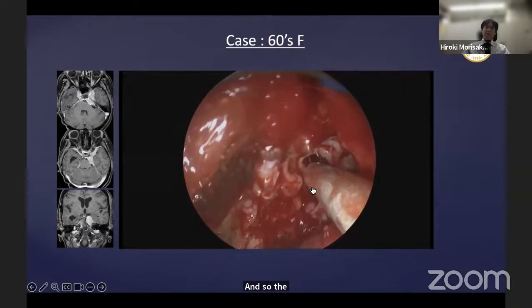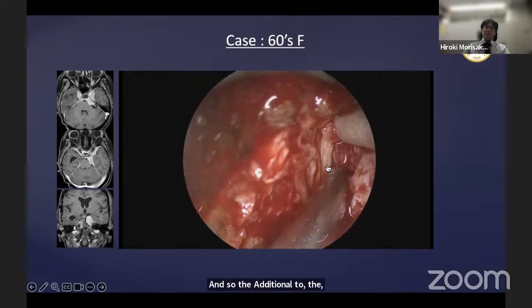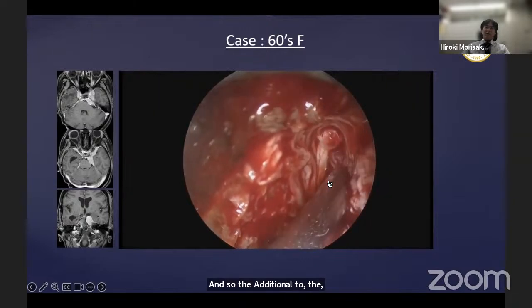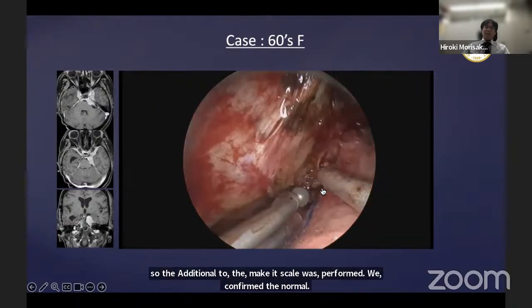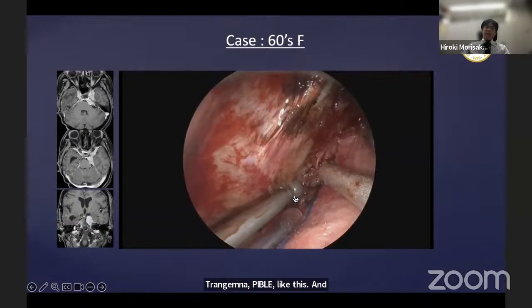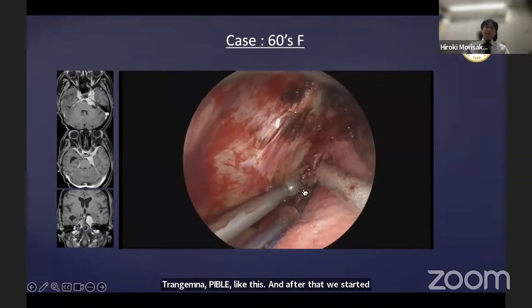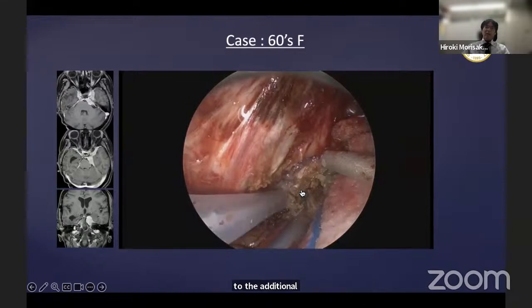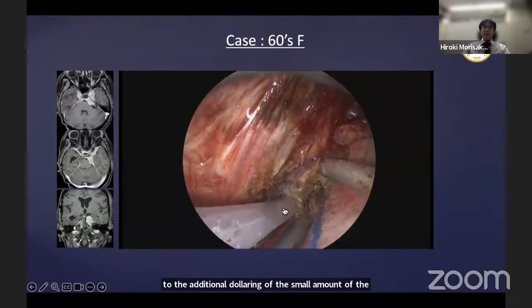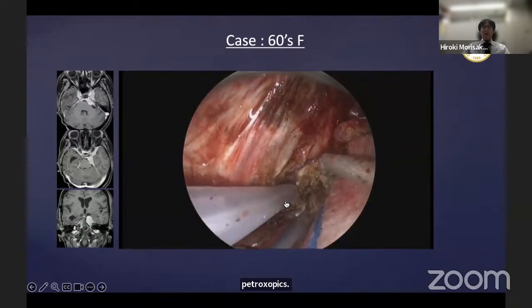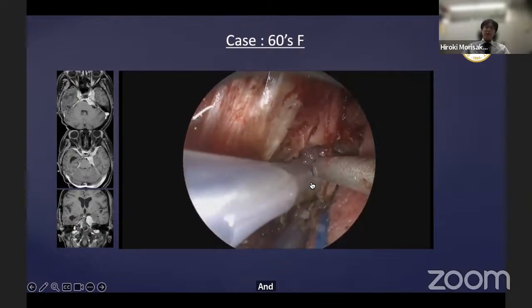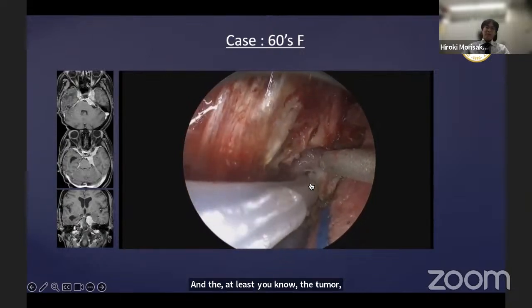We confirmed the normal trigeminal fibers like this. And after that, we started additional drilling of a small amount of the petrous apex and additional tumor removal along the attachment of the tumor on the posterior side.